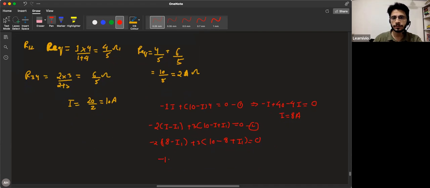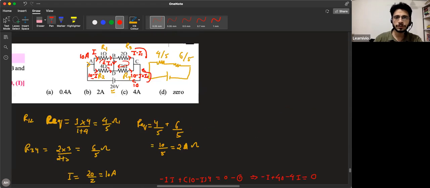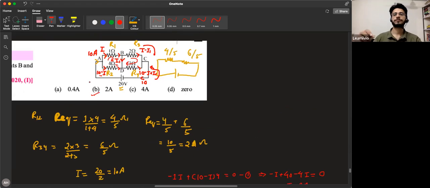So it's minus 16 plus 2I1, and 10 minus 8 is 2, so it's 6 plus 3I1 equal to 0. So this is minus 16 plus 6, that is minus 10, plus 5I1 equal to 0. So your I1 comes out to be 2 amps. So the current passing through this arm is 2 amps.